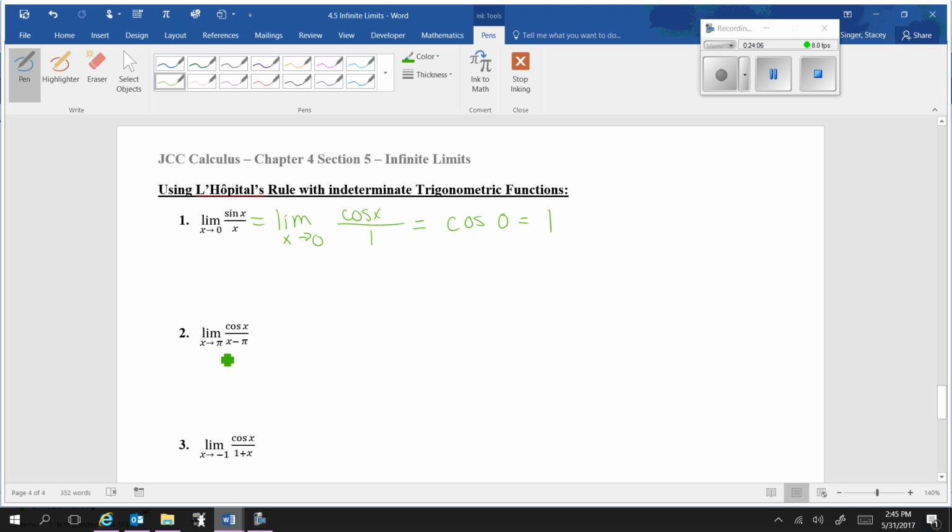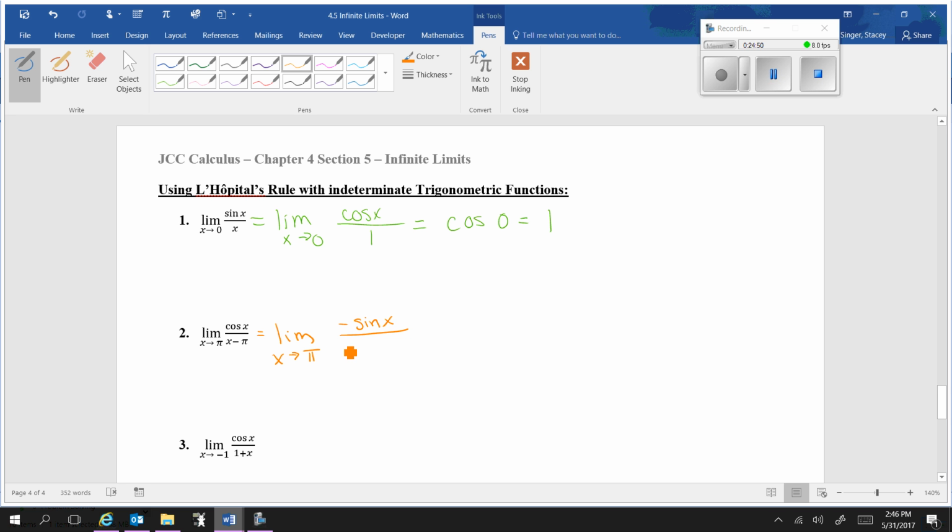And when you're typing in pi's, you have to remember you need to type in the pi. And you need to make sure your calculator's in radians. So if I did the next one, the limit as x approaches pi of cosine of x divided by x minus pi. If I typed in pi now, I'd get 0 in my denominator, so that doesn't work. So the limit as x approaches pi of derivative of cosine is negative sine.